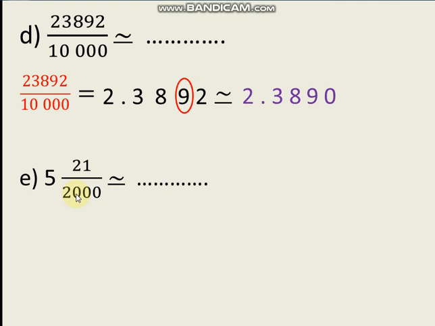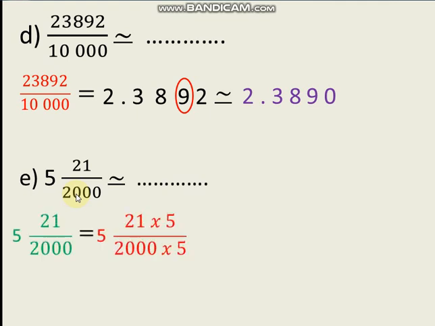Letter E. 5, 21 over 2,000. Convert this fraction into decimal numbers. To convert this fraction into decimal numbers, we want the denominator to be 10, 100, 1000, or 10,000. So we'll multiply by 5. 21 by 5 equals 105. 2000 by 5 equals 10,000.